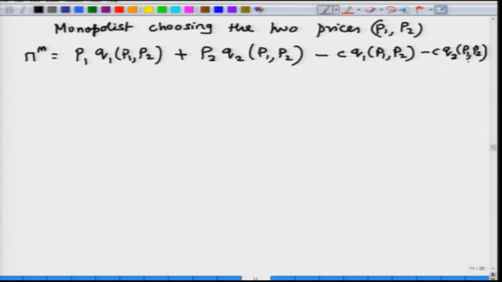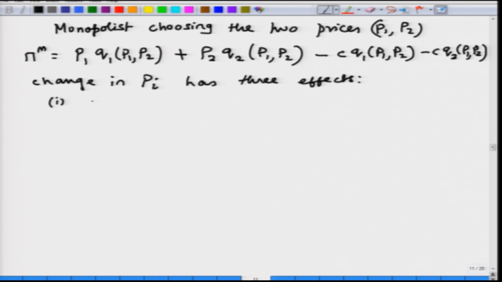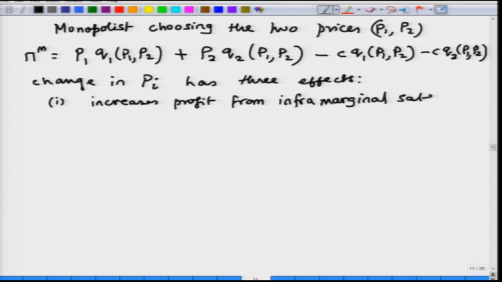So, essentially now there are going to be three effects. A change in Pi, where i could be 1 or 2, a change in the price of the ith product, has three effects. One, it increases the profit from the inframarginal sales, right, as before.